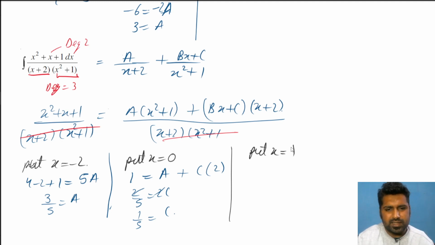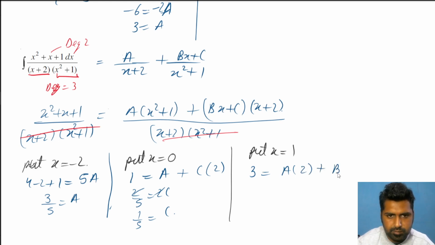I'll put 1, let's see, so 1 square plus 1 plus 1 is 3, is equal to a into 1 plus 1, 2, plus b plus c into 1 plus 2, 3. You have the values of a and c.